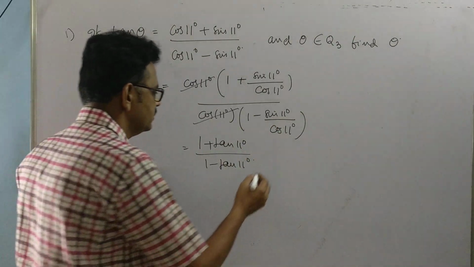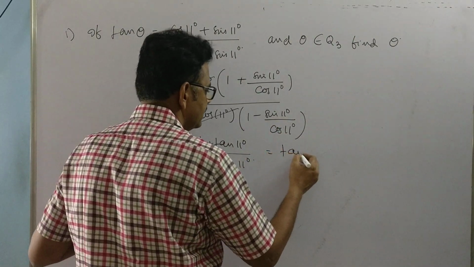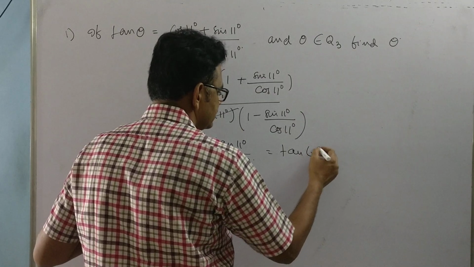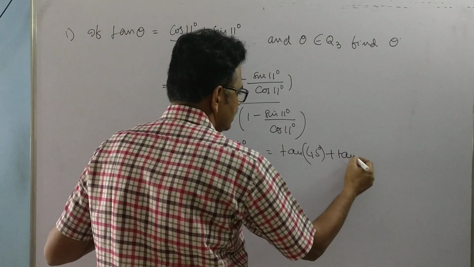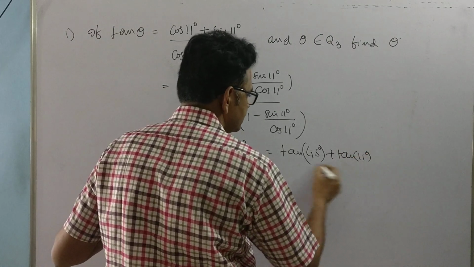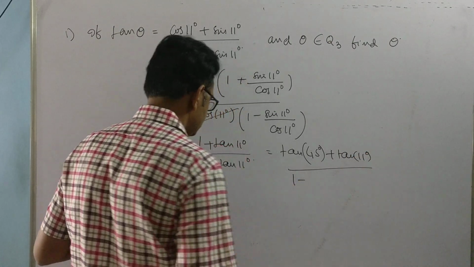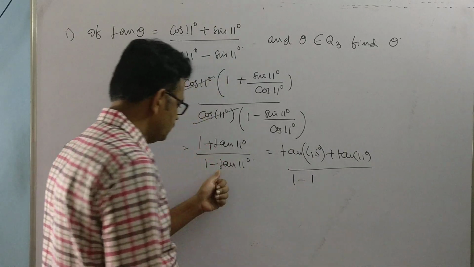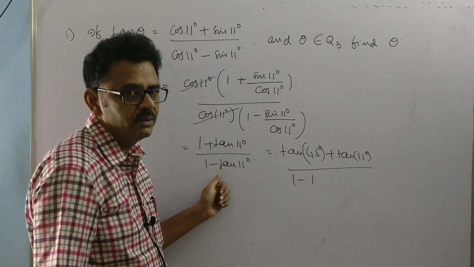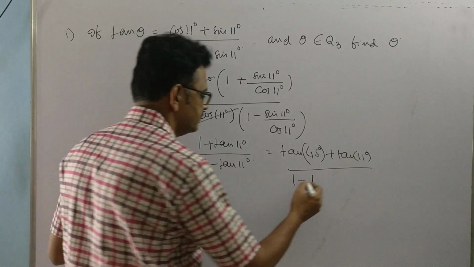So this 1 can be written as tan 45 degrees: (tan 45 degrees plus tan 11 degrees) by (1 minus tan 45 degrees into tan 11 degrees). There is no 1 given, but you feel that 1 is tan 45.